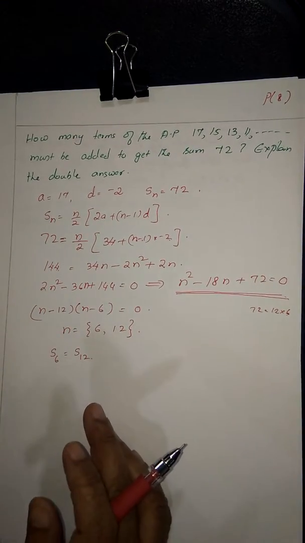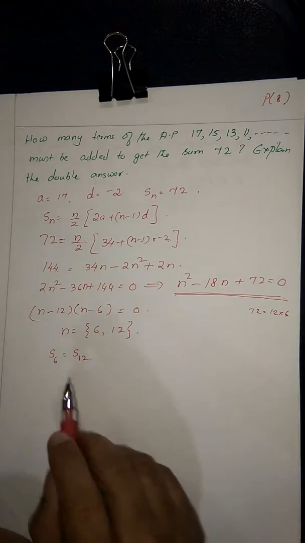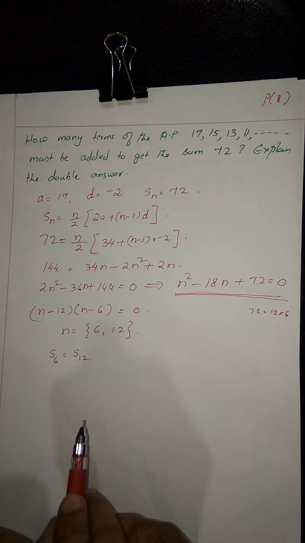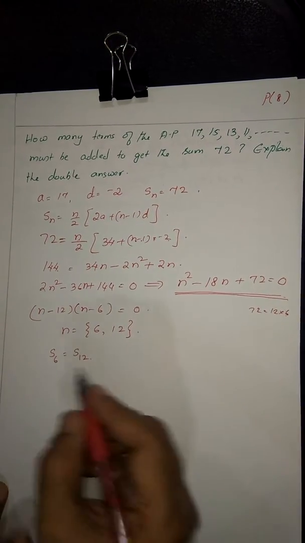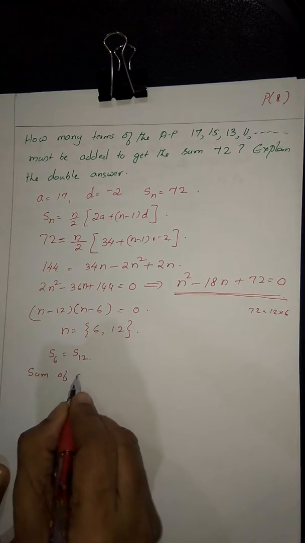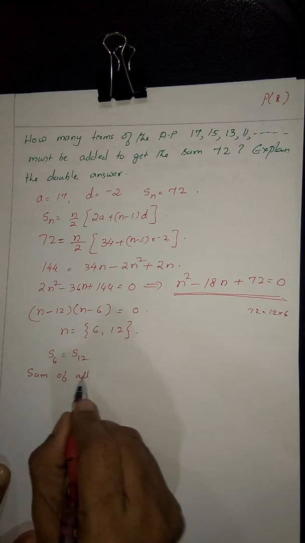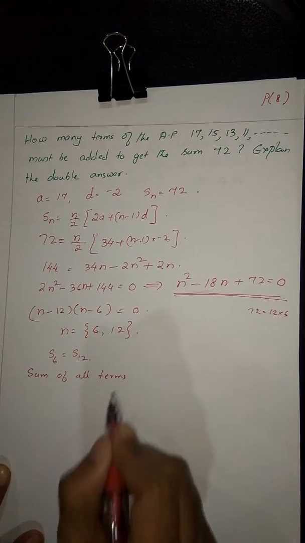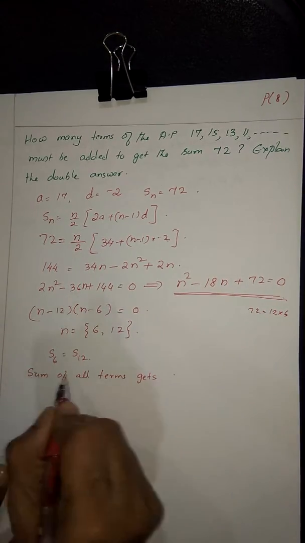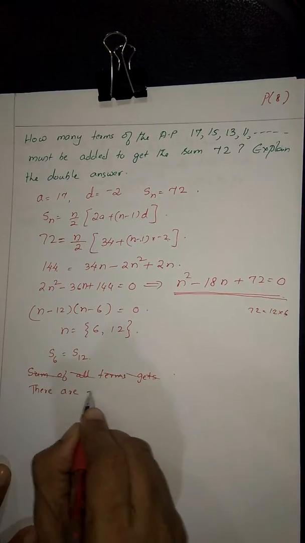That is, the sum of some numbers gets cancelled with some of the other numbers, and that's why the sum of the 6 terms is equal to the sum of the 12 terms. So this means there are negative terms.